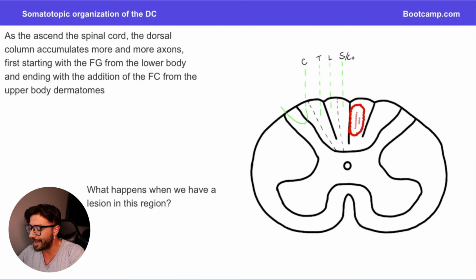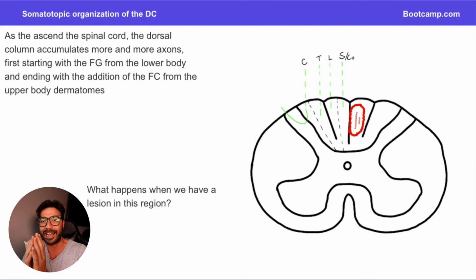And then as the tumor grows, it's then going to take over the lumbar region. We would then see a loss of sensation in our thoracic and trunk region as it moves laterally. And then finally, you would start to see a loss in sensation in the cervical region.